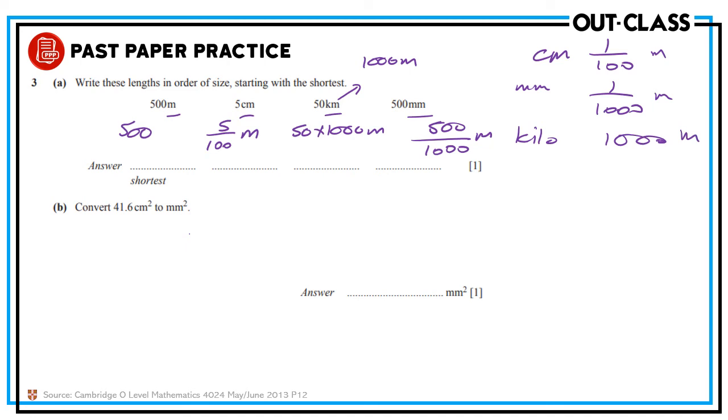Okay, so just quick revision, but now I don't need to sort these out. If I just cancel and simplify, this is just 5 over 10, this is 5 over 100, and this is 5 times 100. So I don't even have to simplify it further. What's the smallest? It is 5 over 100, so it's this one. The next smallest is 5 divided by 10, so it was this one.